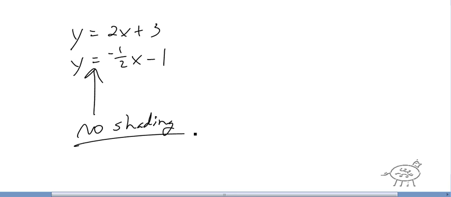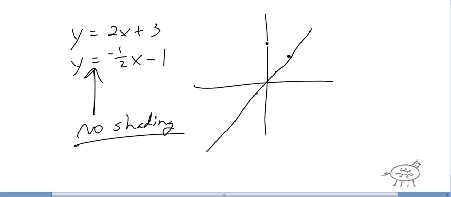That is huge. There's no shading. This is the one where you plot your points, and you'll plot a bunch of points here, and you'll plot a bunch of points here, and you'll find that intersection point just by plotting points. And then you say, oh, okay, my solution is 2 comma 3.